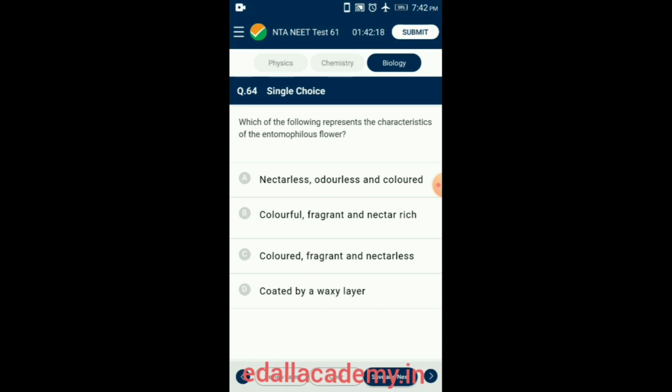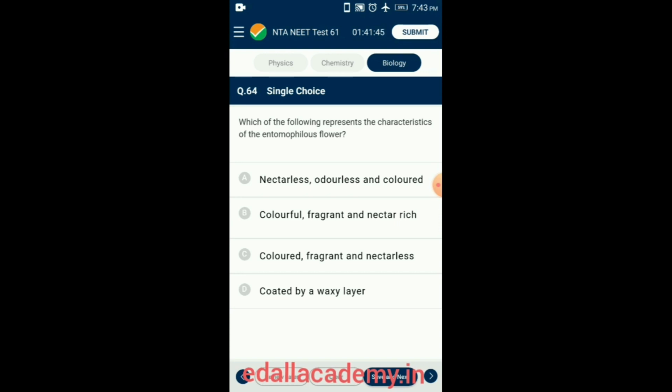Question number 64. Which of the following represents the characteristics of entomophilous flowers? Characteristics of entomophilous flowers are large, brightly colored and produce persistent fragrance. Flowers are more conspicuous. Smaller flowers are produced in compact groups called inflorescence. Flowers pollinated by bees are usually blue, purple or yellow in color.